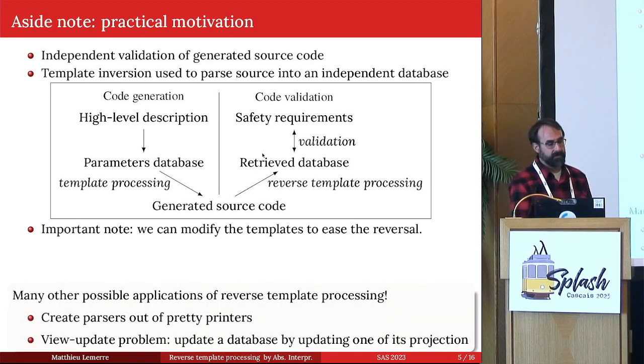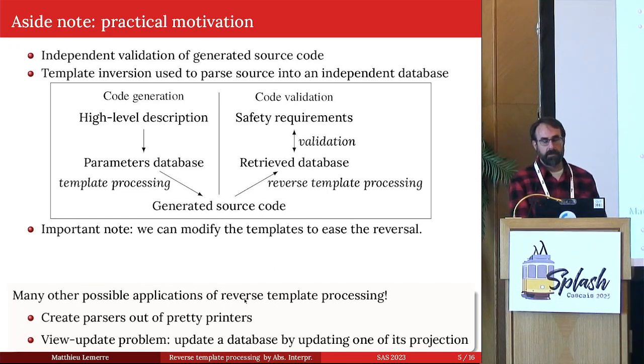But there are also a lot of other applications of reverse template processing. Basically, it allows creating a parser from a pretty printer. Some people have difficulty writing parsers, which may be complex for the average programmer, but template processing seems to be quite easy. And it can also solve what is called the view update problem.